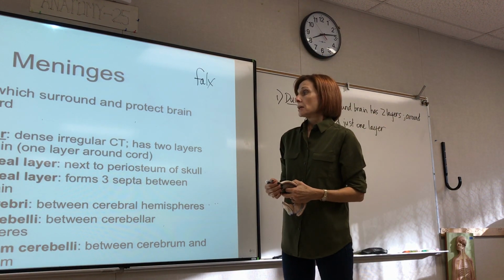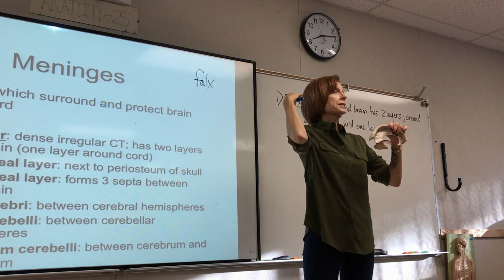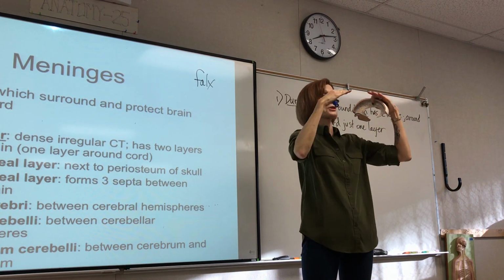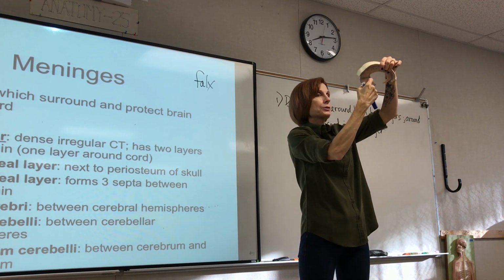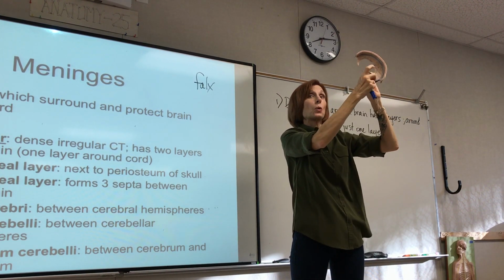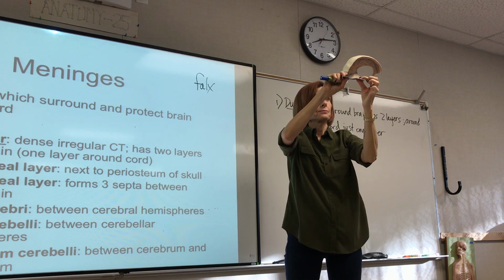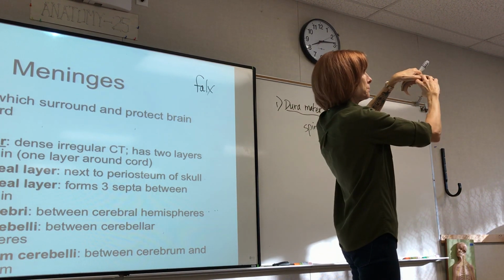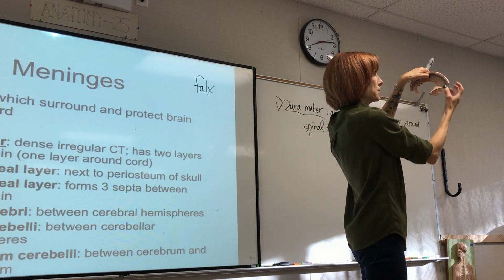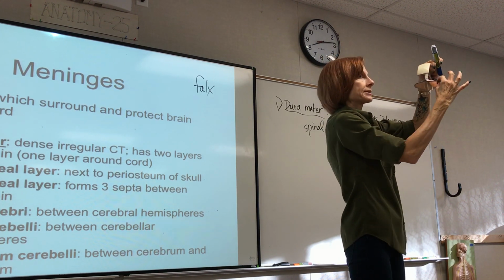So where it comes into the transverse fissure, remember the transverse fissure between the cerebrum and the cerebellum? It forms this structure. This is called the tentorium cerebelli. The cerebellum would be right down here. The cerebrum is up here. Cerebrum, cerebellum. So this separates them.